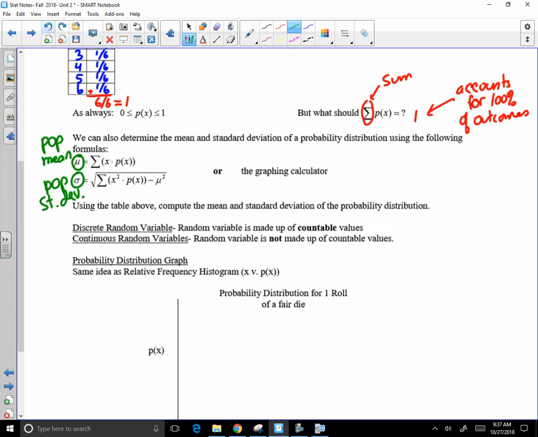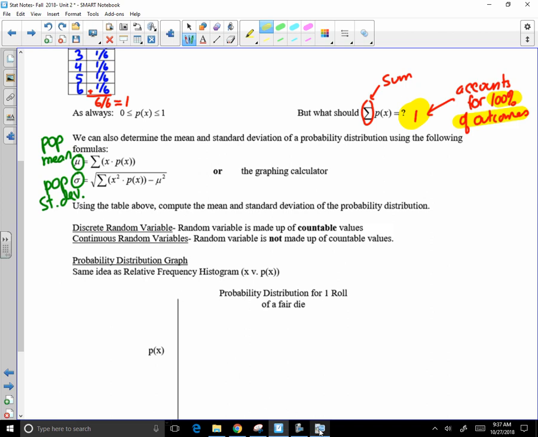If I'm talking about the population of light bulbs in this building, I would need every single light bulb. This is a population because of this fact. The probabilities add up to 1, which means that they're accounting for 100% of the outcomes, which defines every probability distribution as a population.